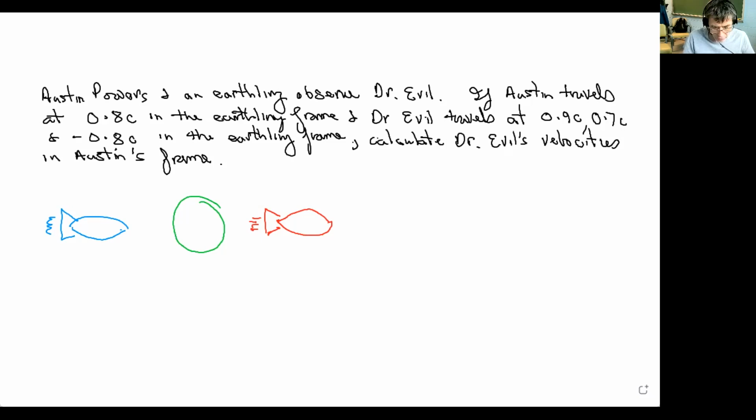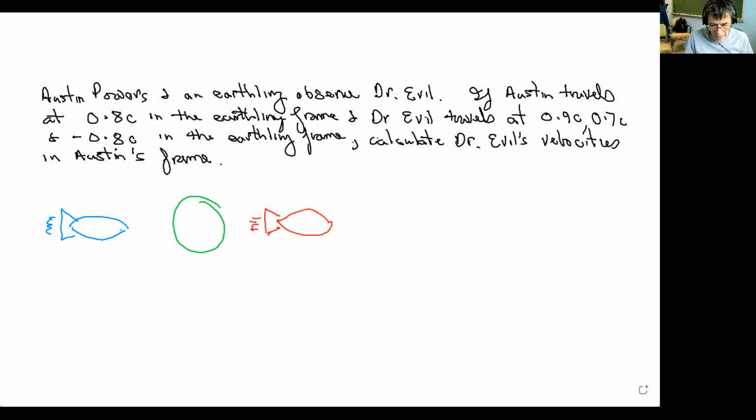So in this particular problem, we're asked to imagine that an Earthling and Austin Powers in a spacecraft both observe Dr. Evil in his spacecraft.